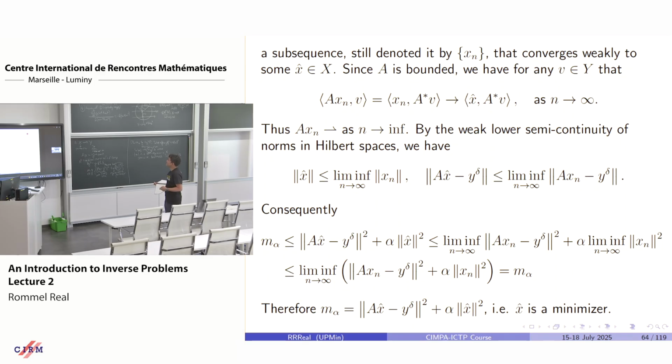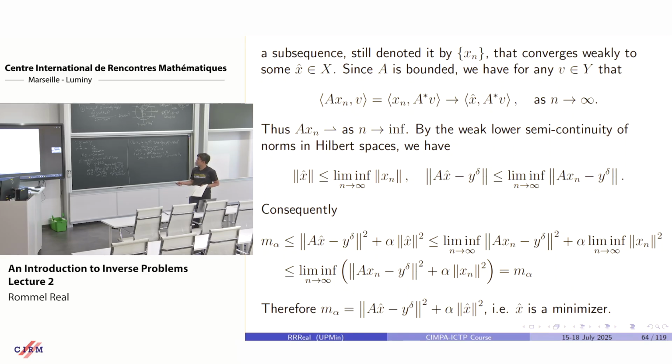Suppose that subsequence has a weak limit x hat, and then since A is bounded, we can invoke its adjoint. So that means the adjoint of A, applied to V. Then by working on adjoints, A x sub n times V equals x sub n.